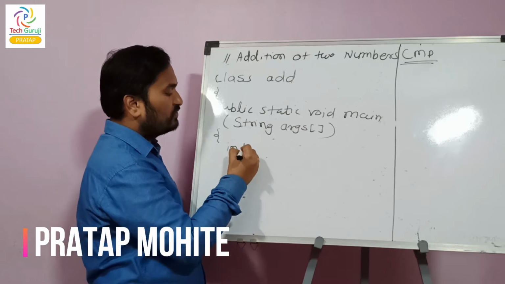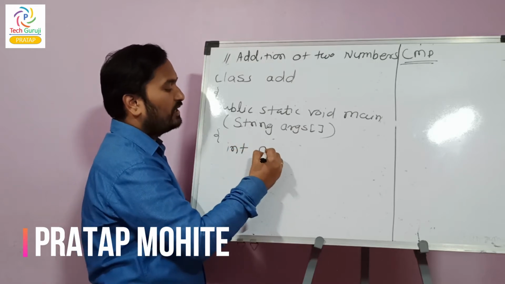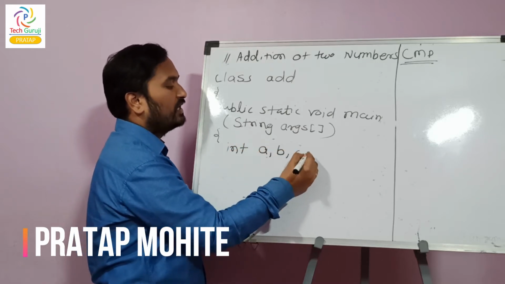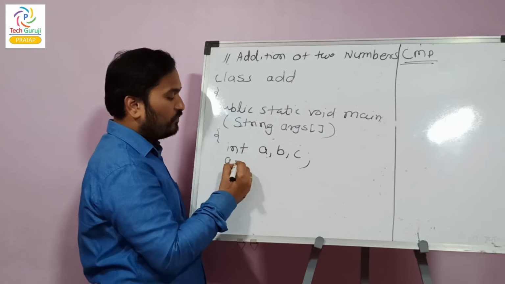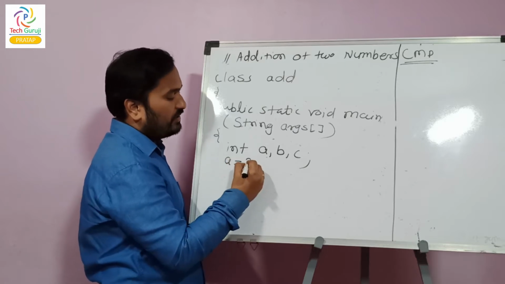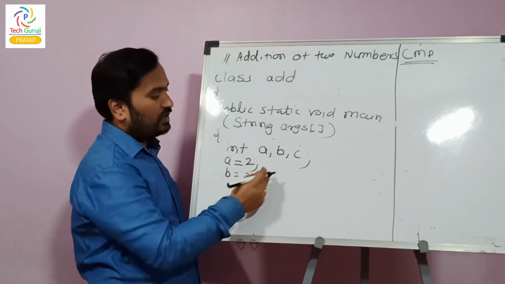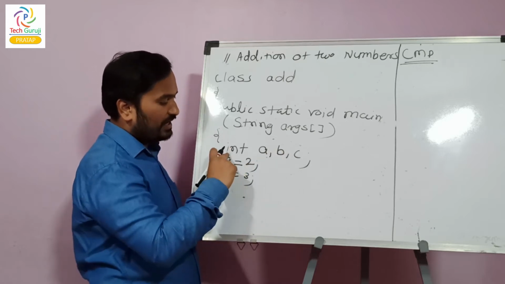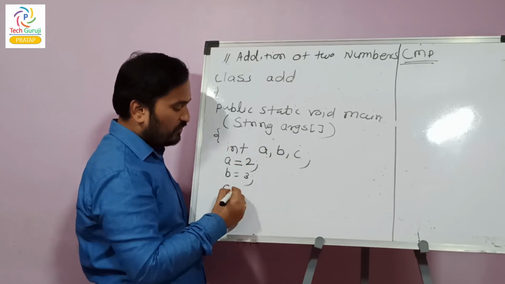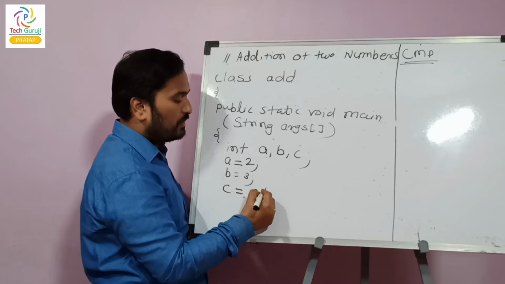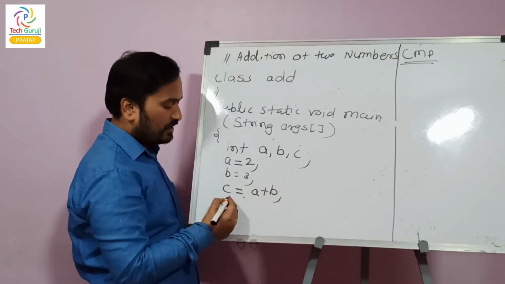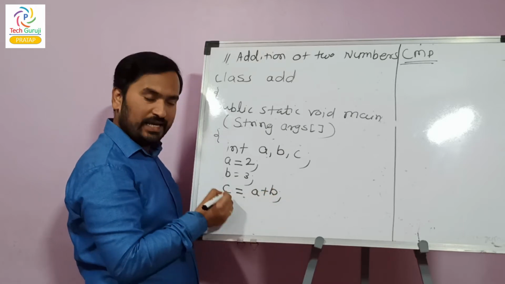So we'll initialize those variables: int a, b, c. A has the value 2, b has the value 3. We'll store the result of the addition in c. So we have a formula, c is equal to a plus b. Now the result is stored in c.